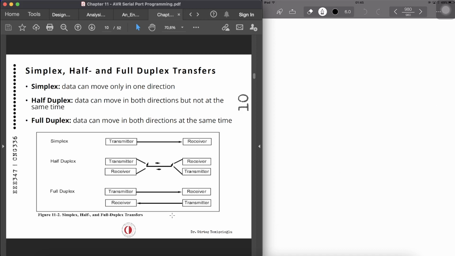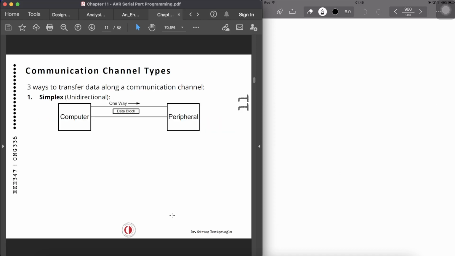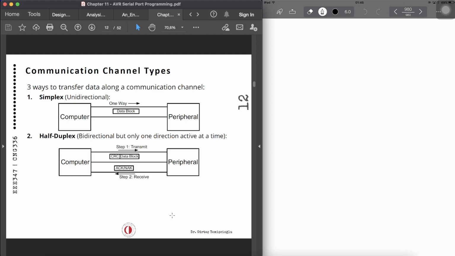Now, once again, three ways to transfer from computer to peripheral. We can demonstrate unidirectional, simplex, and half duplex. You can see bidirectional, where the computer is sending the data and the peripheral needs to send an acknowledgement back: okay, I have received the data required.